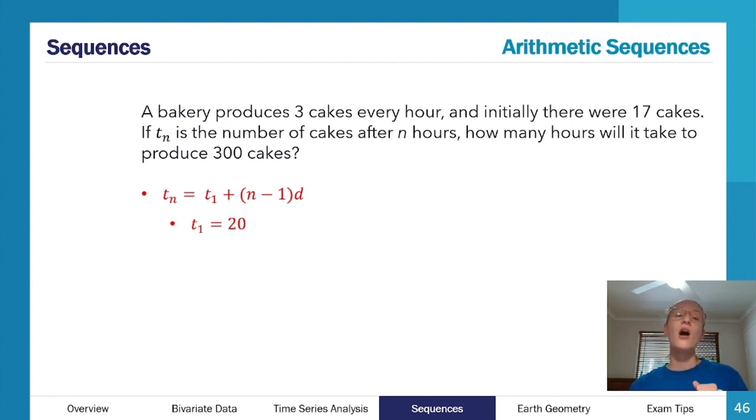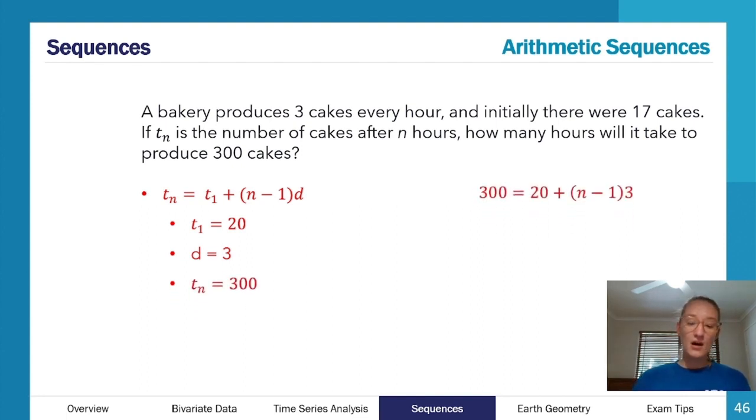So T1, I am saying, is 20. And that's because, oh, I haven't defined n there, but that's okay. This might seem a little bit counterintuitive, but the interesting thing is, here's where n is defined.